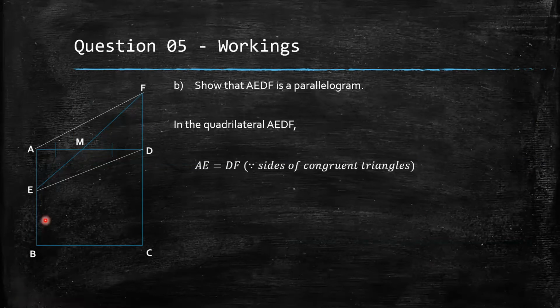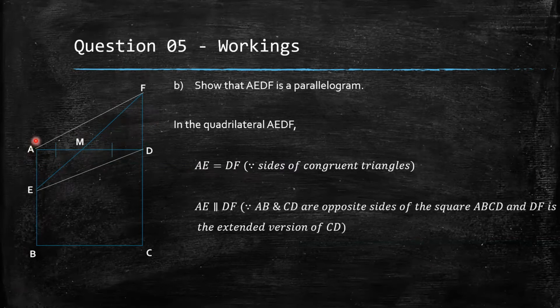We know that AE is equal to DF because we proved that AME and DMF are congruent triangles. Therefore, the corresponding sides of congruent triangles are equal. Therefore, AE equals DF. And also we know that AE is parallel to DF.